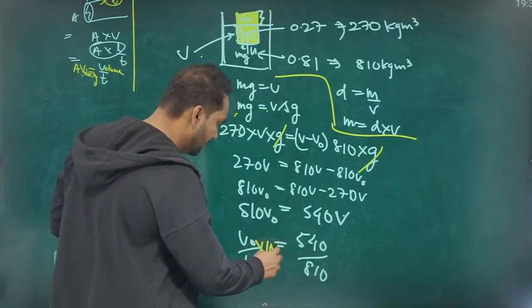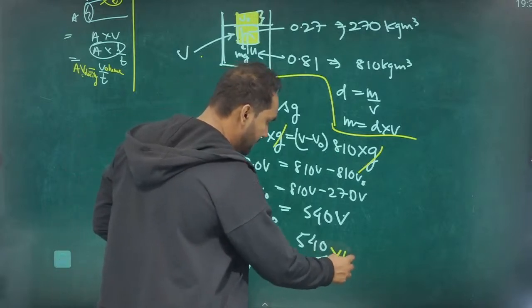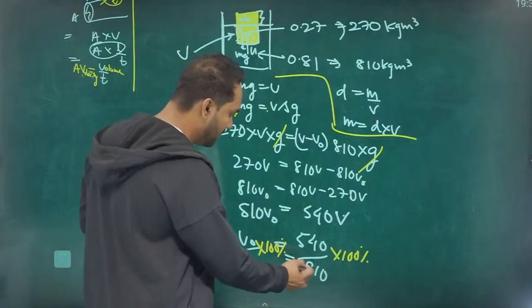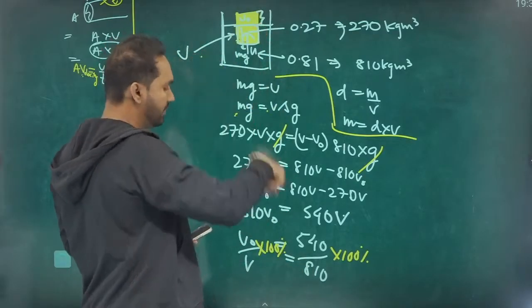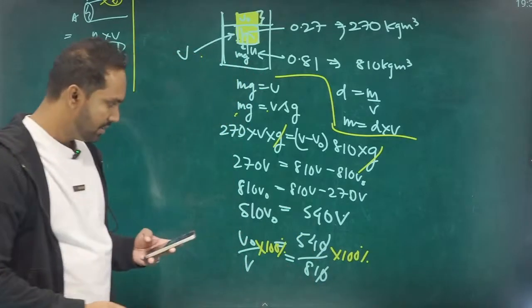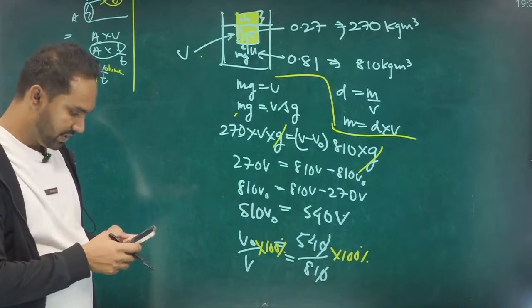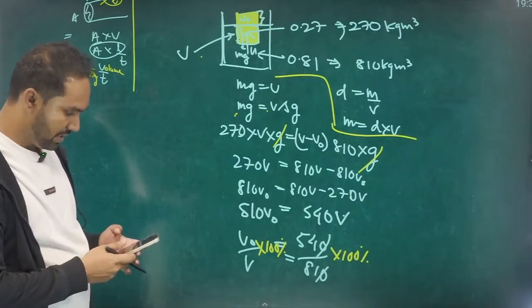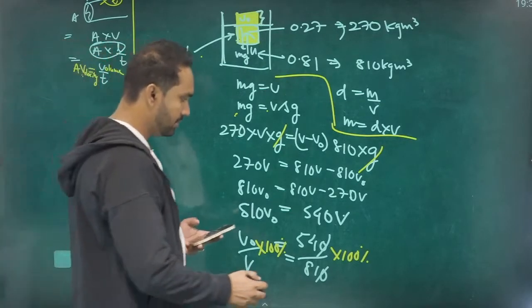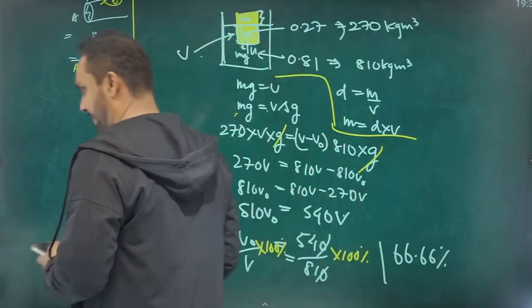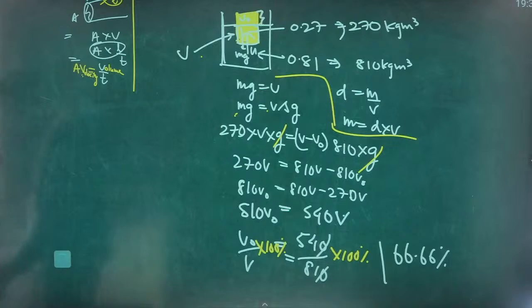So 54 divided by 81 is 0.66, which is 66.66%.